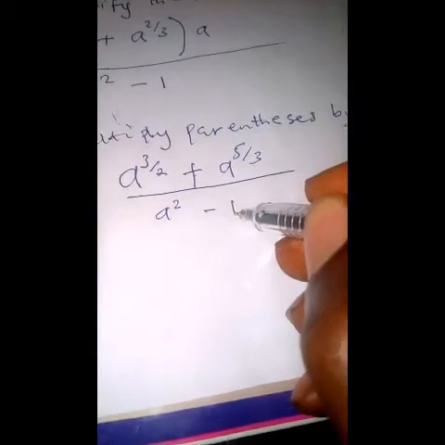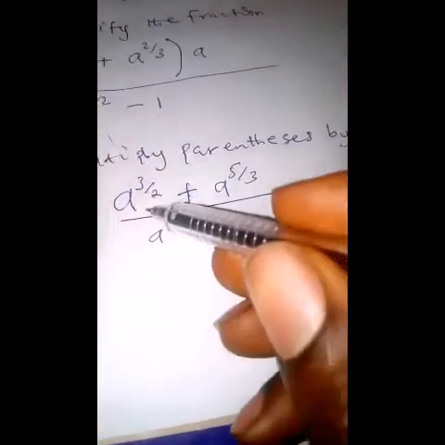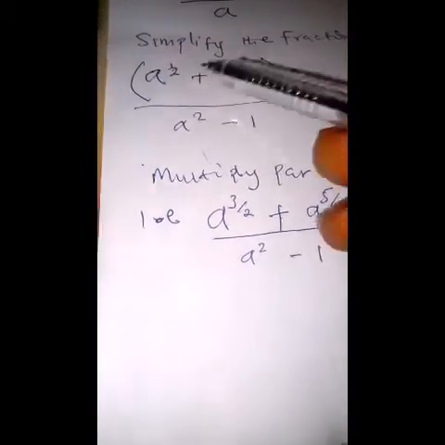So you can see if we multiply the parentheses by a, we're going to have this. How did we do that? If you look at this, this is a multiplying this.